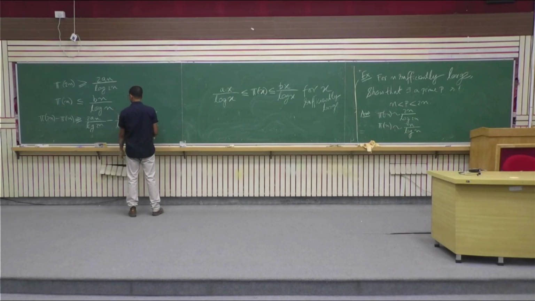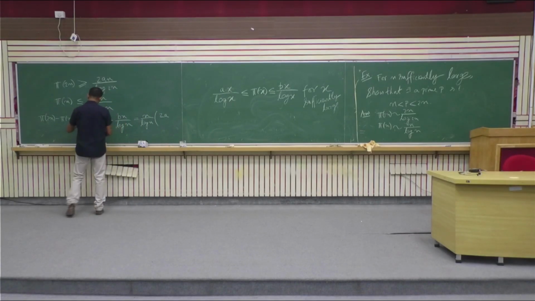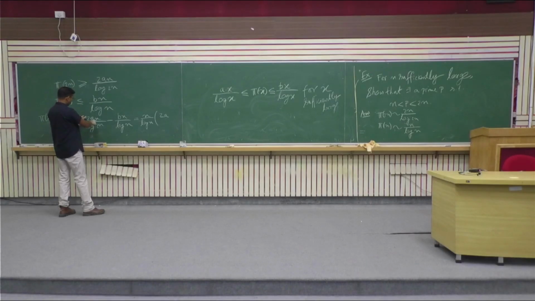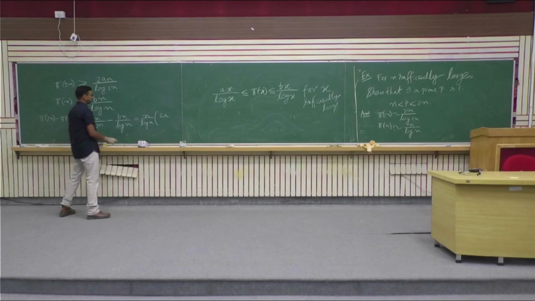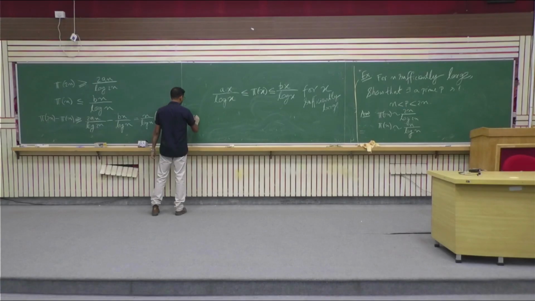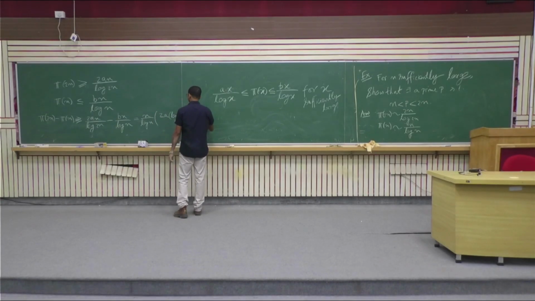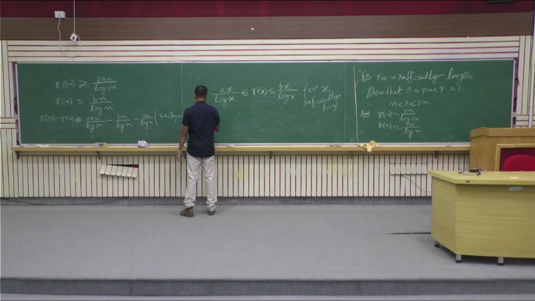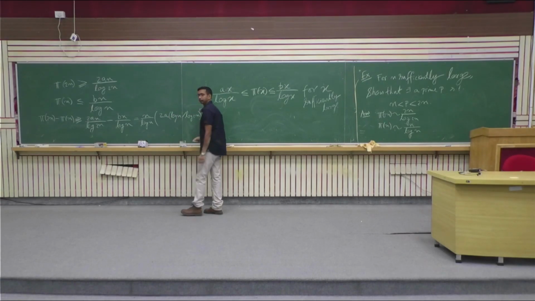In the first part, you get 2a times log n by log 2n, this minus b, right?